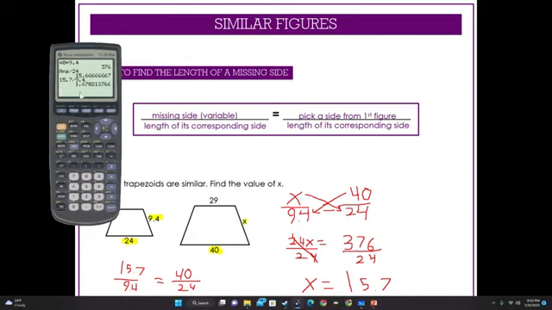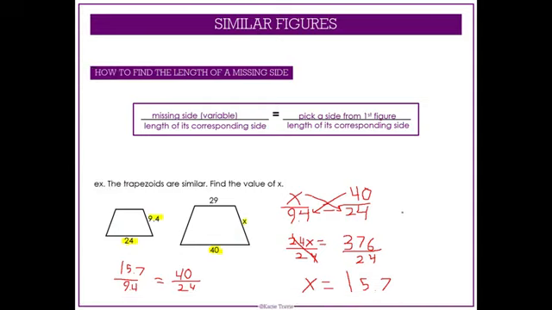Dividing that, this is about 1.67. Now let's check our other one. Our other fraction is 40 divided by 24. This is around the same decimal. Because we rounded earlier, it's a little off, but since these are pretty close to each other, I think that is A-OK.